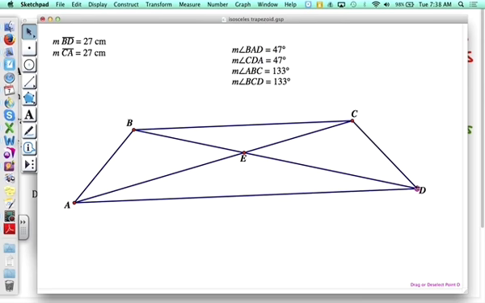Notice what else I measured. I measured angle BAD, angle CDA, angle ABC, and angle BCD. So basically, I measured the 4 angles of the trapezoid. Because this is an isosceles trapezoid, what do you notice?